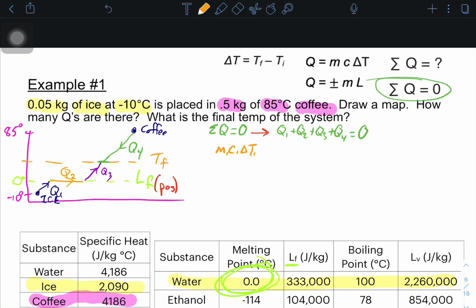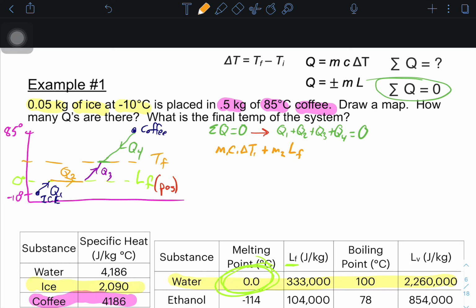Then Q2 is a phase change, so it's going to be plus or minus, and we've already identified it's going to be the plus. It's M times L, and we've already identified that it's the latent heat of fusion. So this is going to be plus M2 times LF.